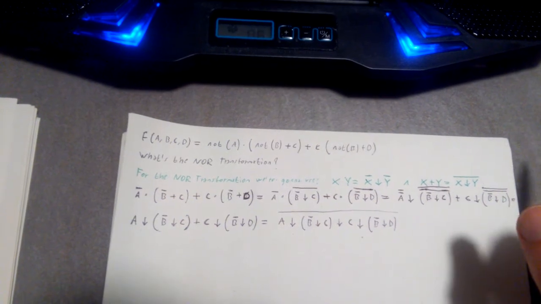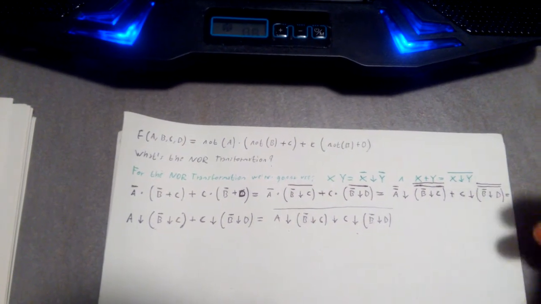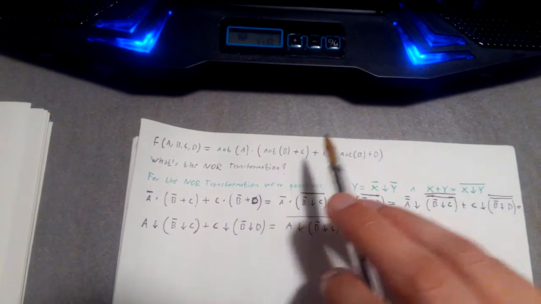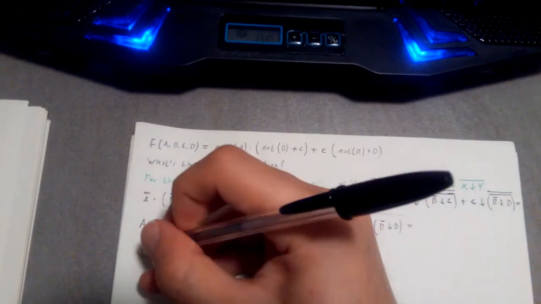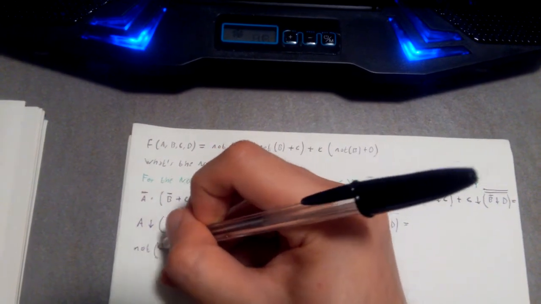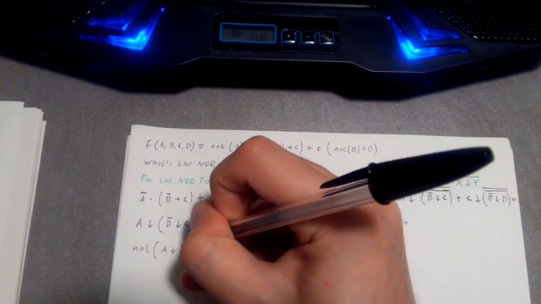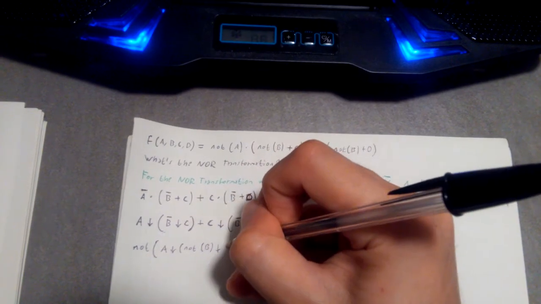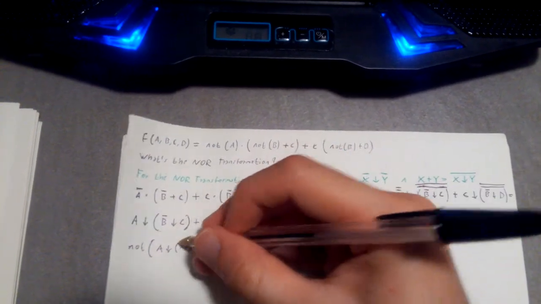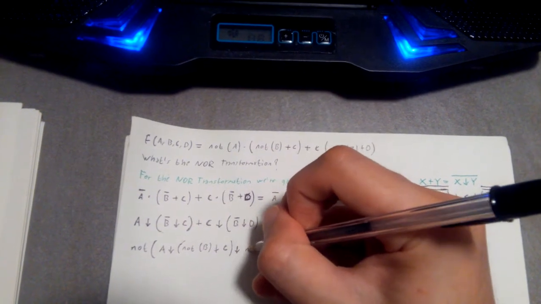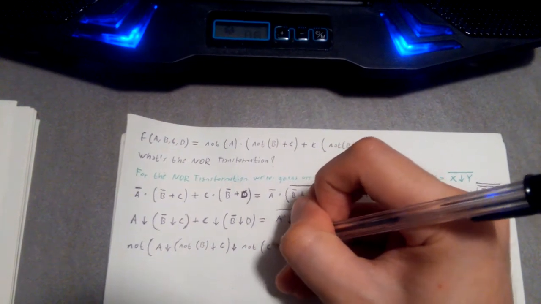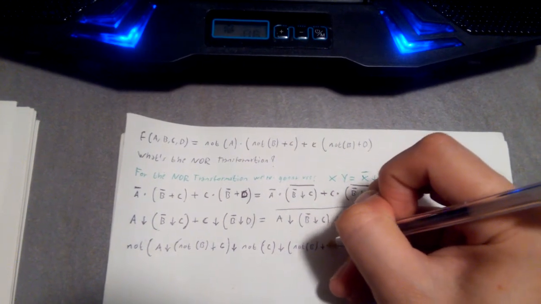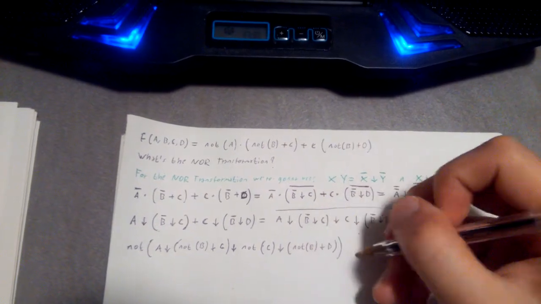So yeah, this is basically what we ended up with, and we can rewrite it in this form, which is not A, arrow down, not B, arrow down C, arrow down, not C, arrow down, not B, D. There we go.